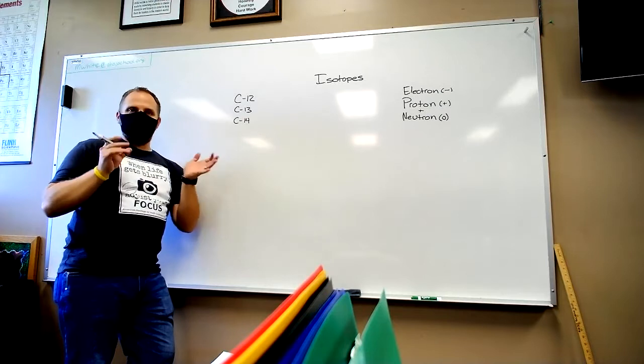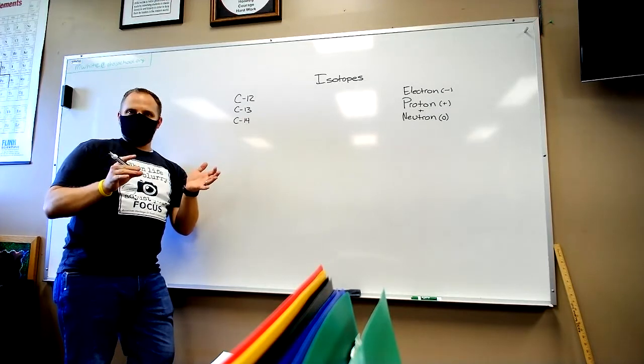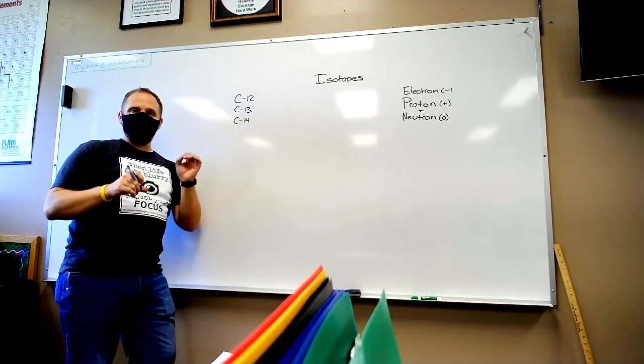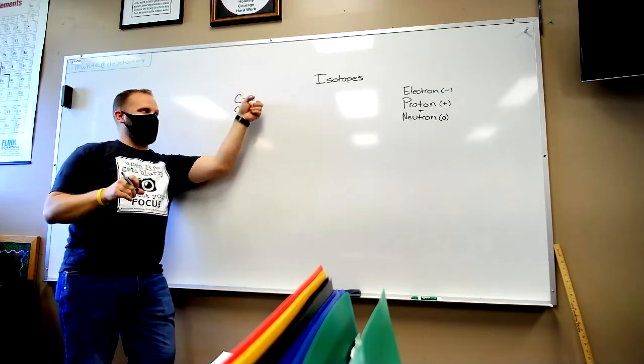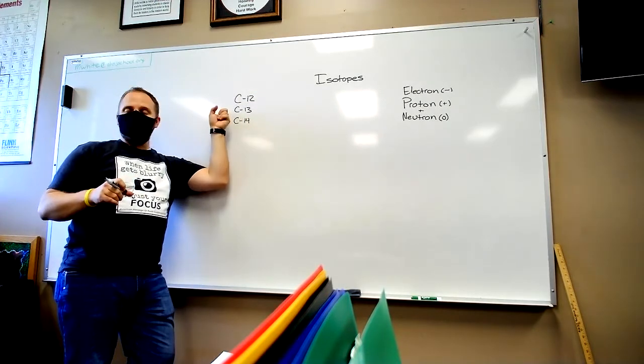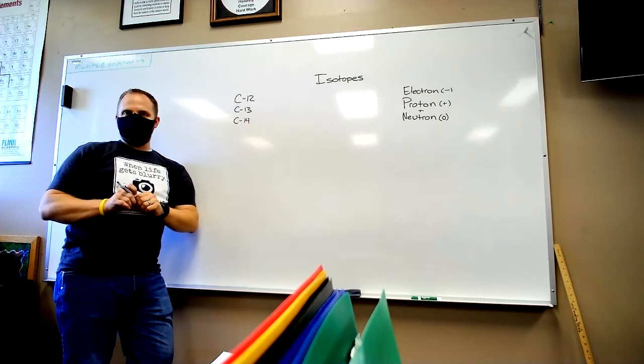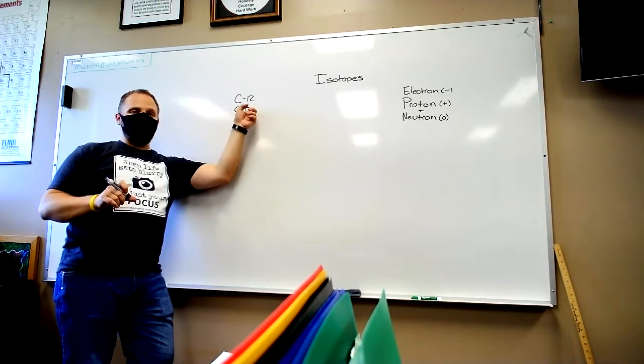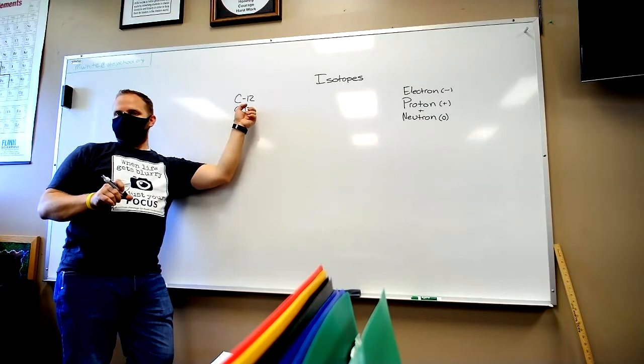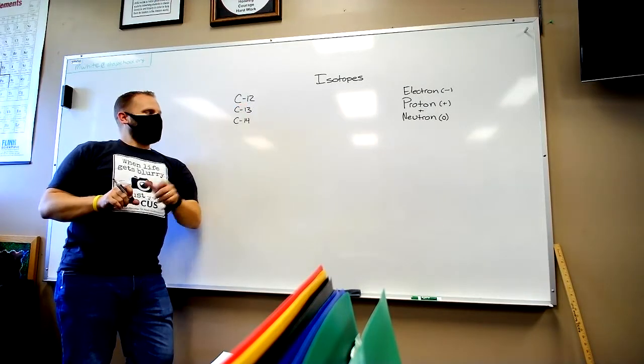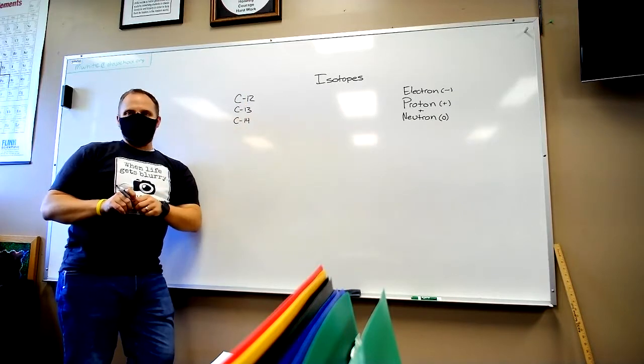All right, does everyone see why? So protons plus neutrons equals the mass number. Carbon will always have 6 protons. So to get to 13, you have to have 7 neutrons. Okay. What about carbon 14? How many neutrons? 8.